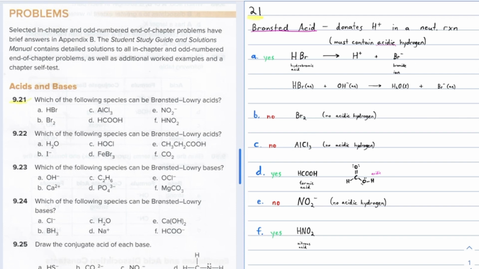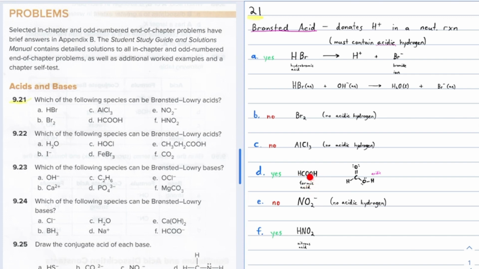It does have some acidic tendencies, and organic chemists can use this as an acid, but not as a Bronsted-Lowry acid. There's another class of acids we haven't talked about called Lewis acids. But anyway, that's way outside of our scope at the moment.